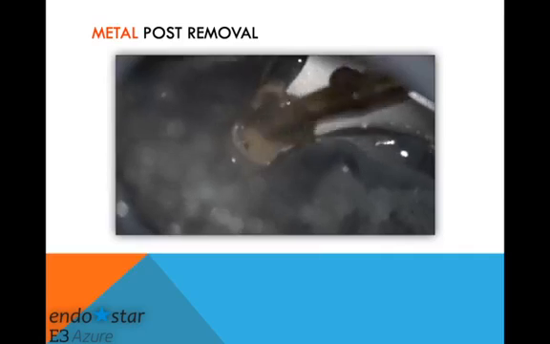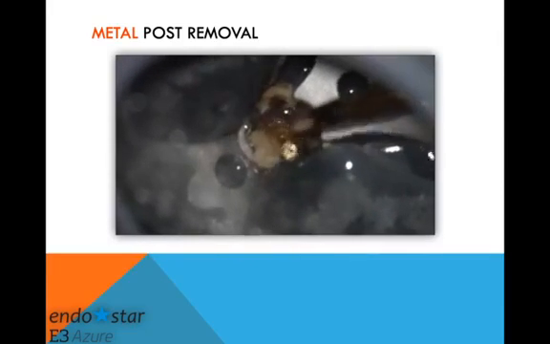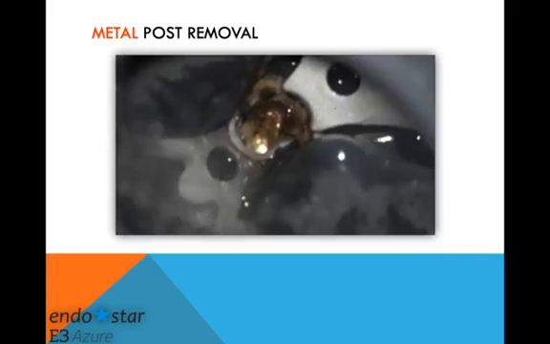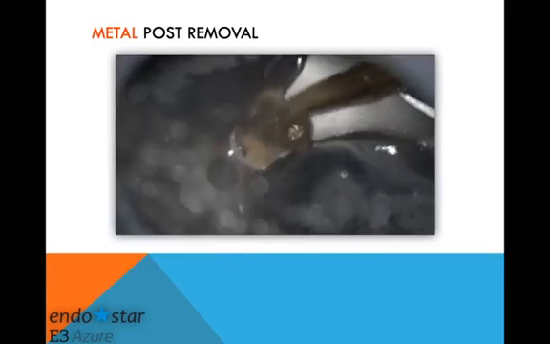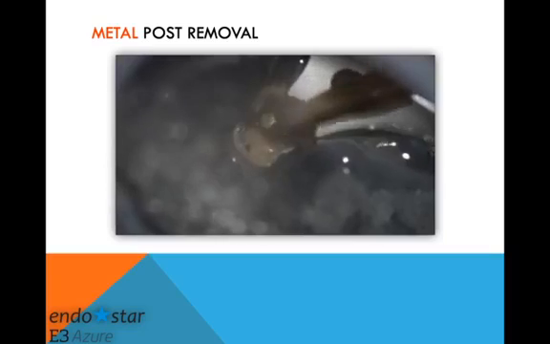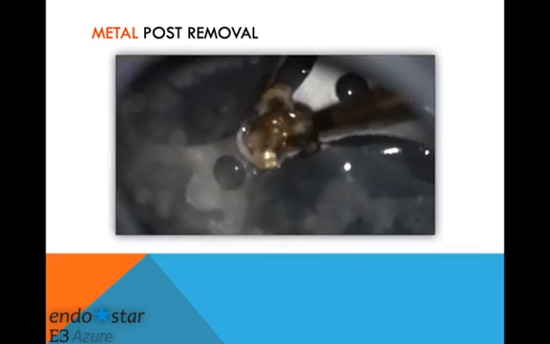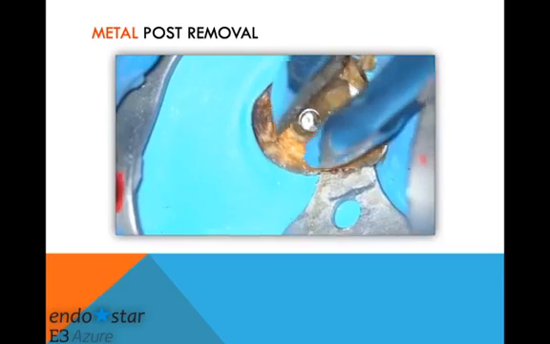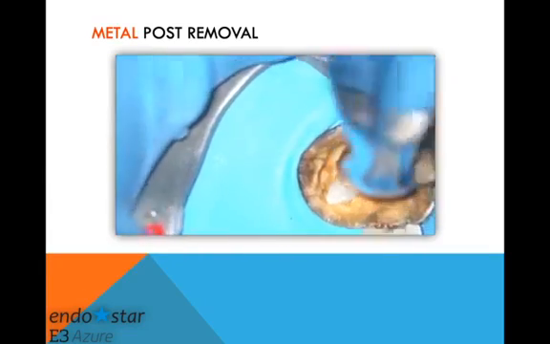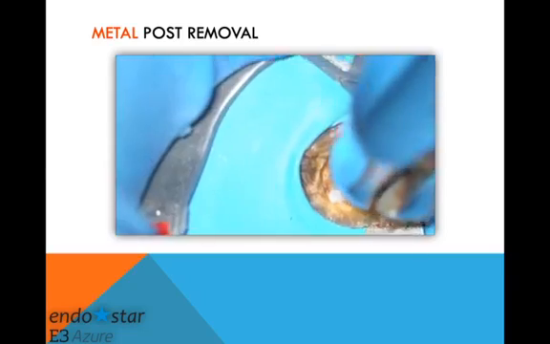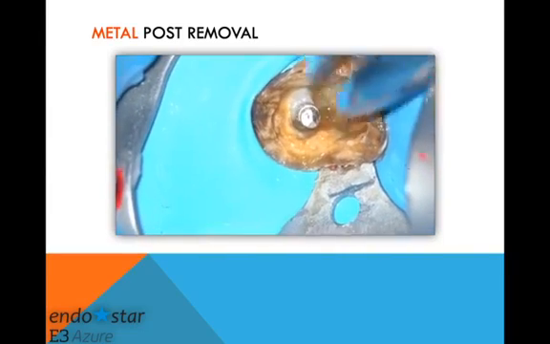Coming to post removal. Now, whenever we have some kind of passive metal post inside the canal, we can use our regular ultrasonic tip that we use for oral prophylaxis, and we can remove the metal post from the canal. Or if the post is jutting out of the canal, and I have some space to grasp the post, then I can effectively remove the post with the help of my forceps.